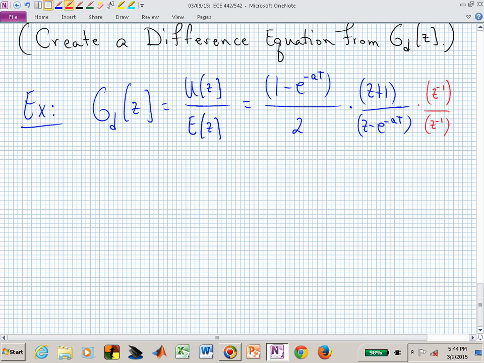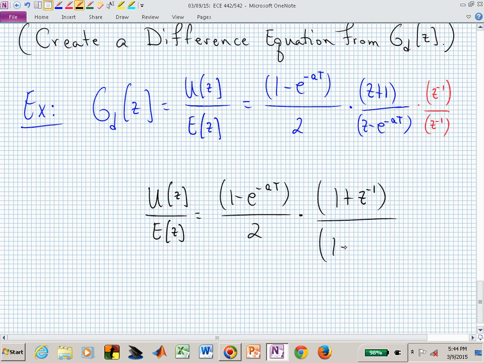When we end up with this relationship, we now have U of z over E of z equaling (1 minus e to the minus aT) over 2, times (1 plus z to the minus 1) over (1 minus e to the minus aT z to the minus 1), just distributing that z to the minus 1 through.